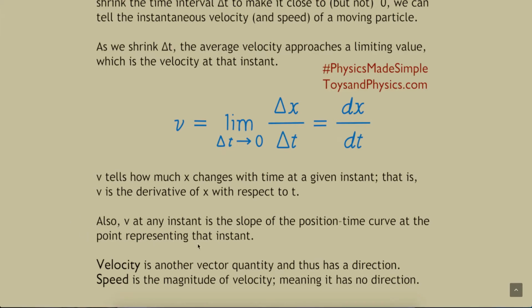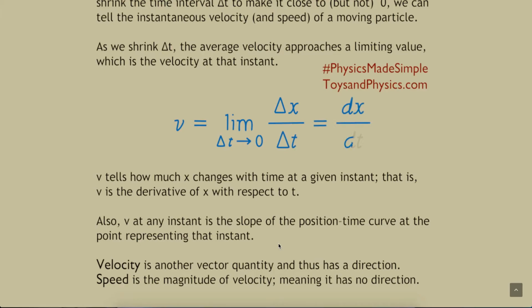Also, v at any instant is the slope, as we said earlier in the RC truck video when we calculated the average velocity for that. You remember the entire trip? It is the slope of the position-time curve at the point representing that instant. So imagine that curve of x with respect to time.